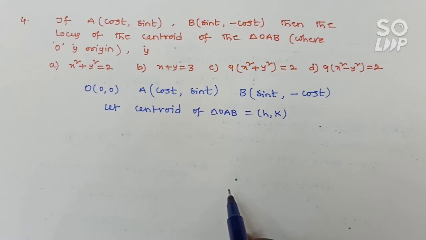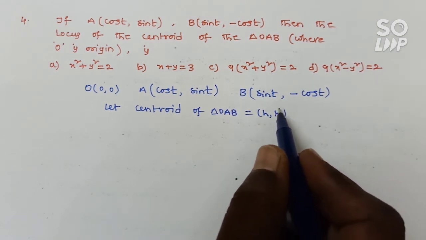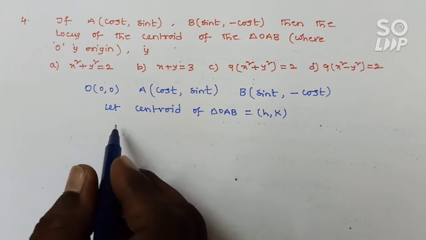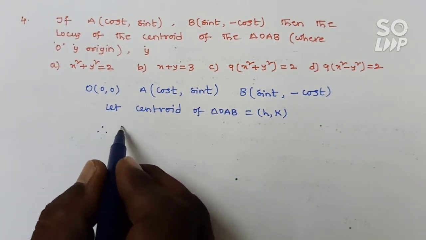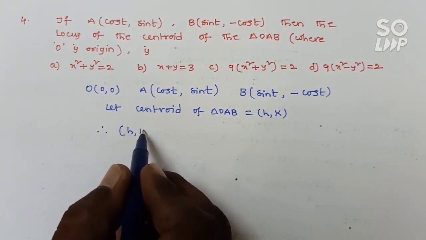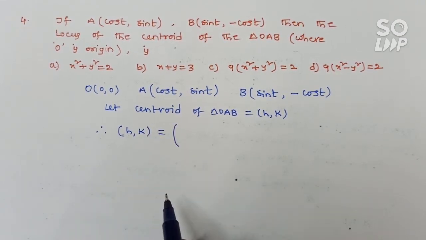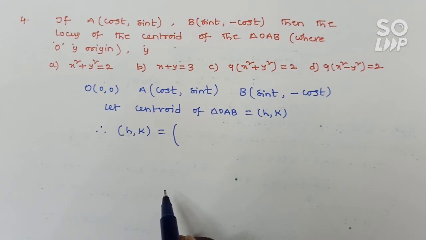But for any triangle you will get only one centroid, so this is the centroid of the triangle formed with these vertices. Therefore h, k is equal to, you know the centroid formula: sum of the x coordinates by 3, sum of the y coordinates by 3.